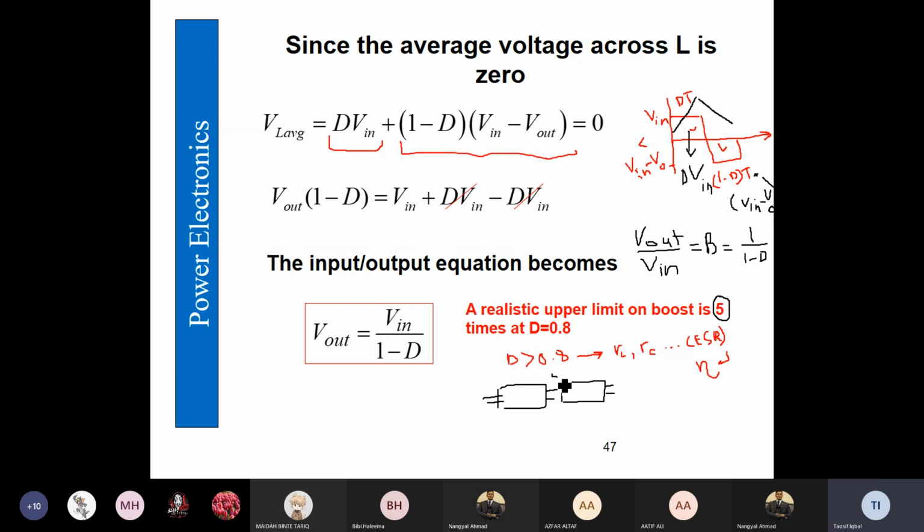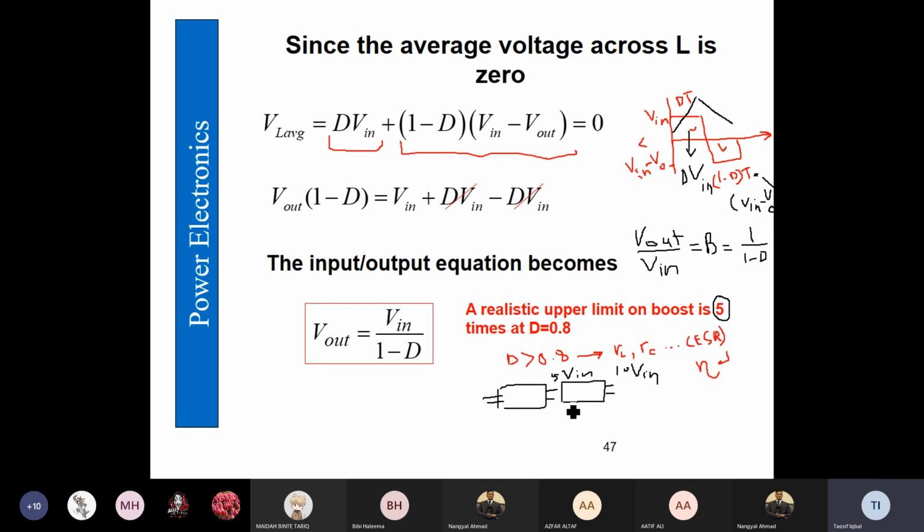So the maximum we can apply is 5 times the input voltage, and to get a gain of 10, we are going to use 2 boost converters so that both have a boost factor of 5.